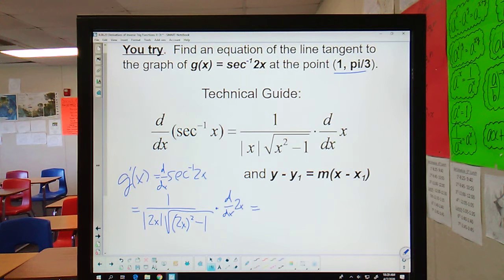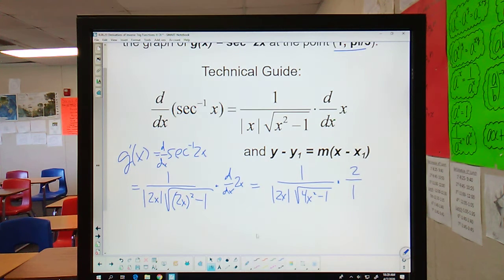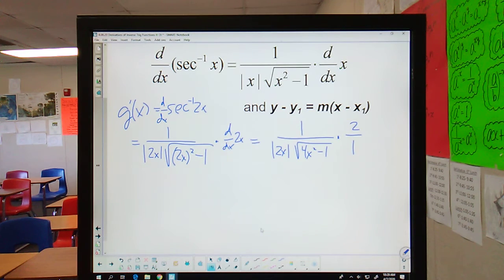All right, so that gives us 1 over absolute value of 2x times the square root. This is going to be 4x squared minus 1 times the derivative of 2x, which is just 2, so it's 2 over 1. And let's do one more step here.